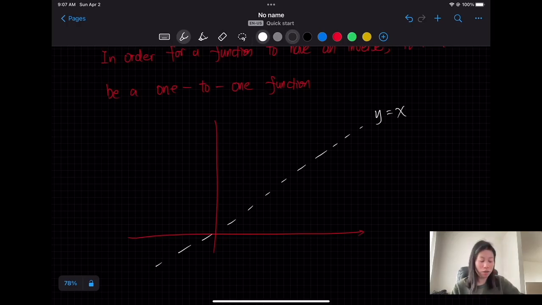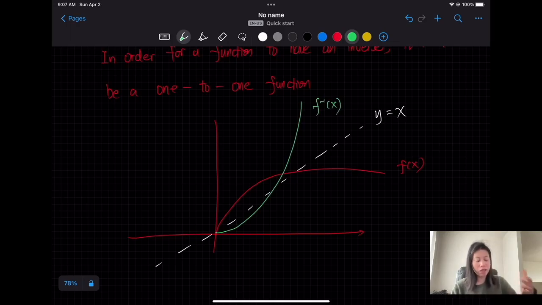If you have an inverse function like that, this is your original function, f(x). What does your inverse function look like? Your inverse function should look this way, because it should be inverse about the identity function.